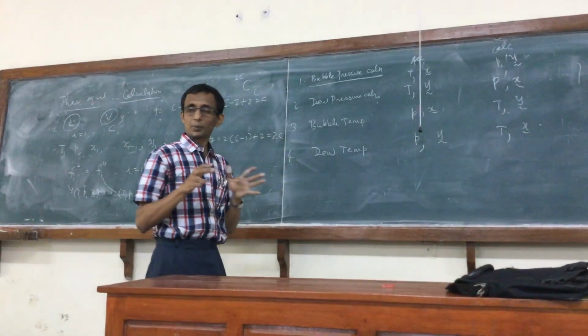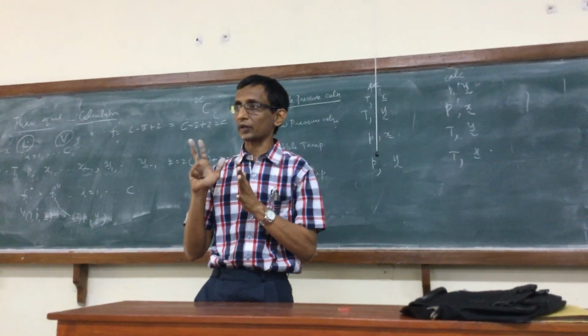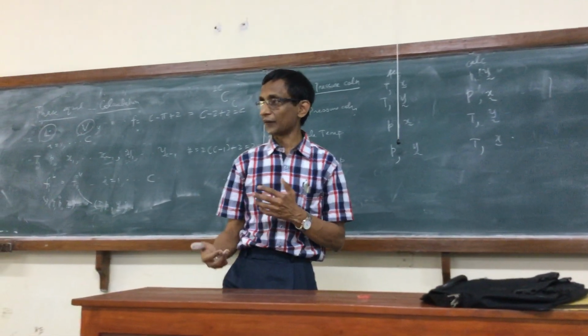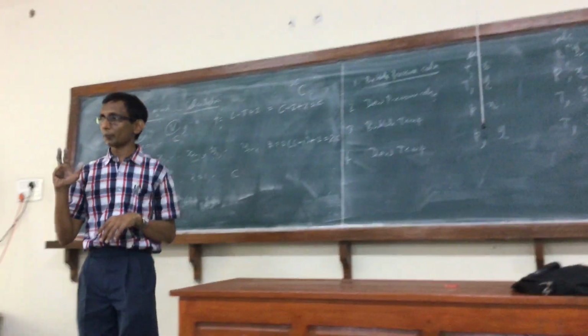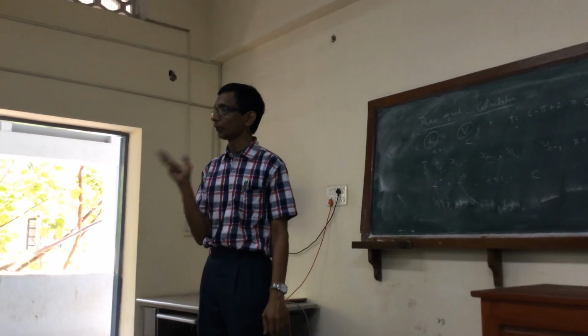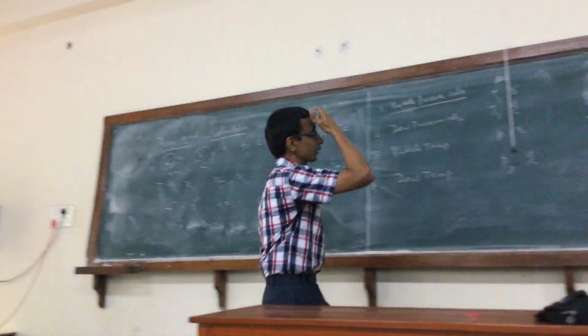So when the problem is given, you should know what it corresponds to. Then you get a feeling that the solutions for the ideal case at least are readily available. So you have to really map a given problem into one of these four categories. If it doesn't fit, of course that's a different matter. These are the four important categories.